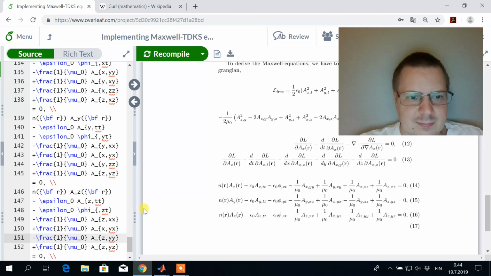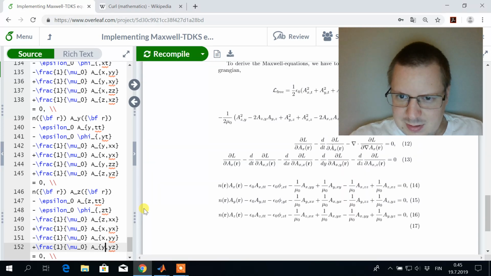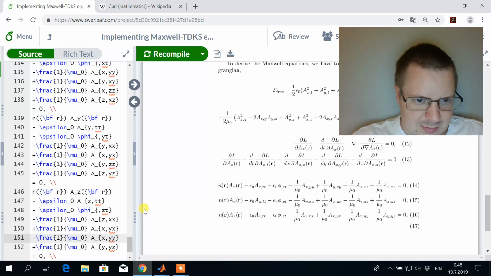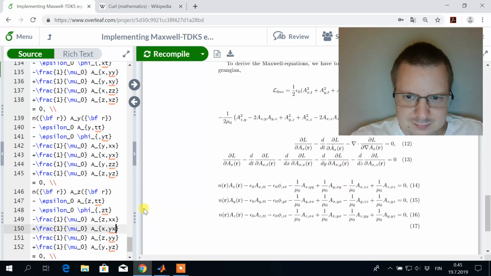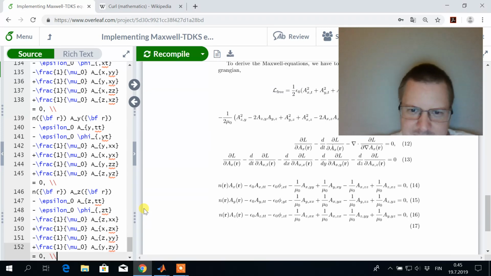So then we have, so this is z, so we have x and y, and one of the derivatives needs to be, so wait, so x y of z, and then we have x and y over x and z x and y and z y. So this is a very rough estimate.